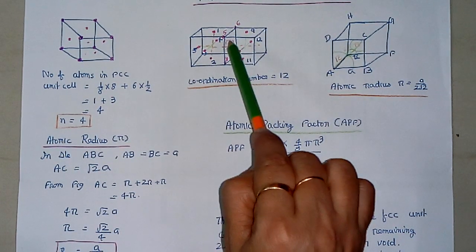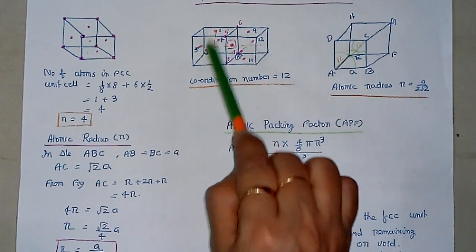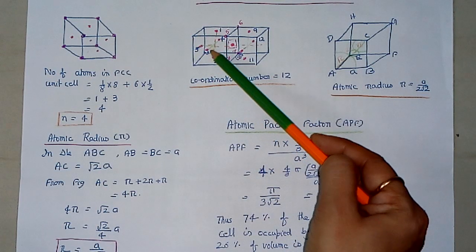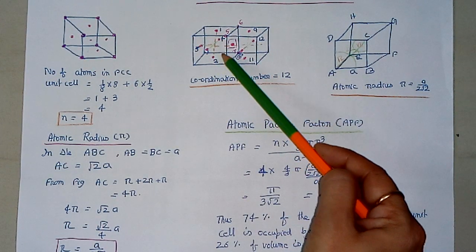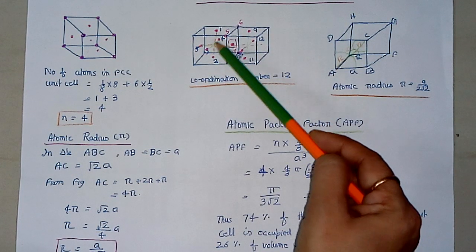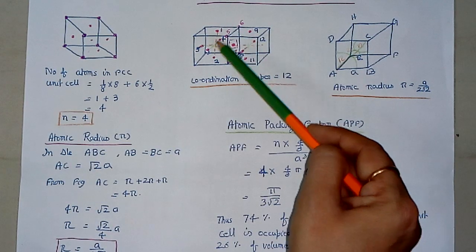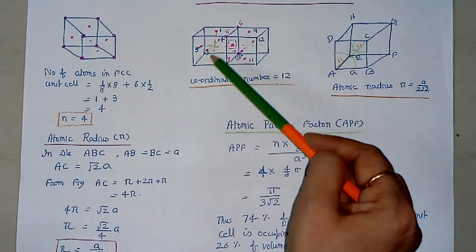Similarly, these are the two neighbors. So here you are indicating this side as 1 and 2 for this face, and accordingly the front and back side of this unit cell are also contributing. So we can indicate this as 1 and 2, and here 3 and 4.